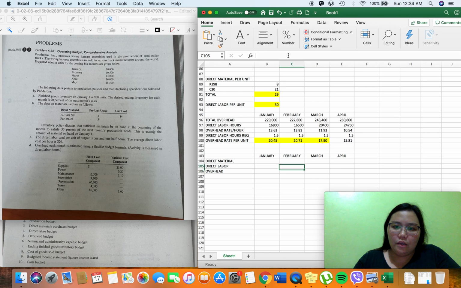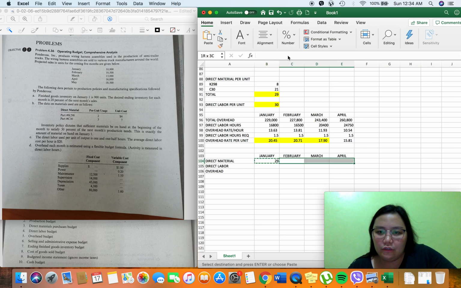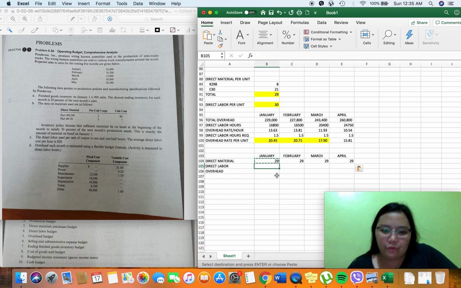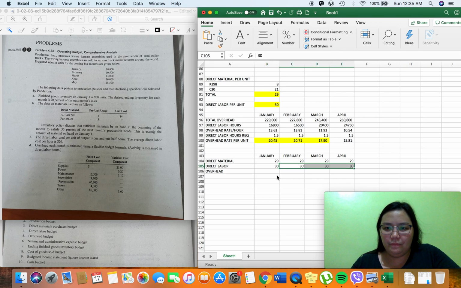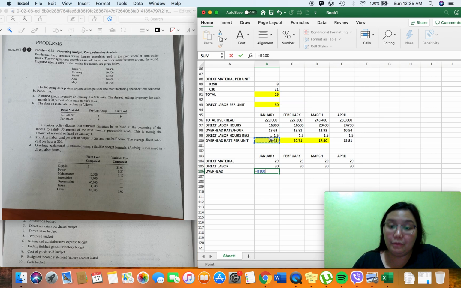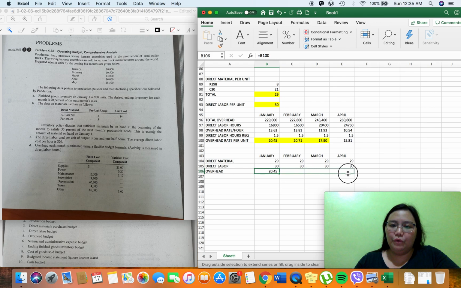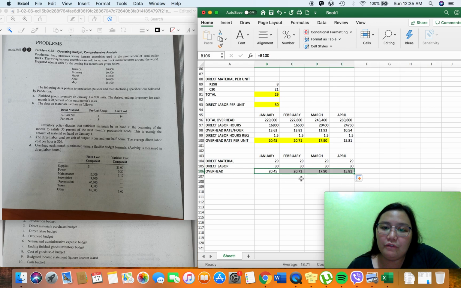For our direct material, it is the same at 29 for the quarter. For the direct labor, we have 30, so it's the same. But as far as the overhead rate per unit is concerned, it is different: 20.45, 20.71, 17.9, and 15.81.